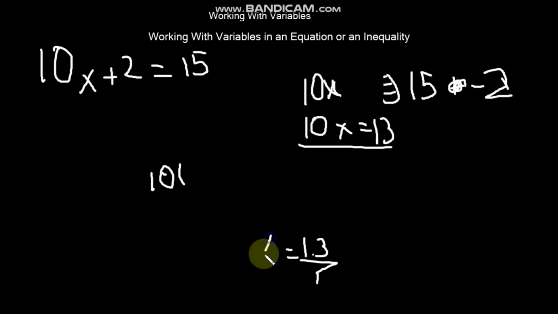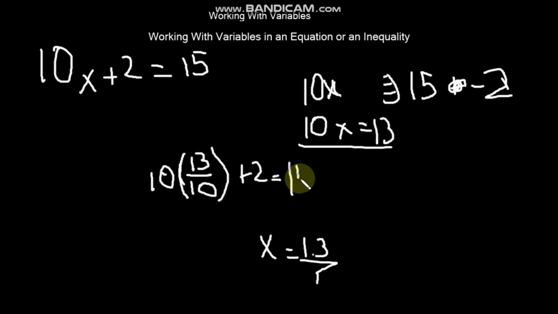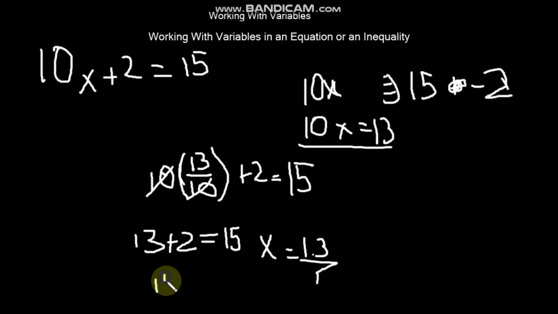So we said that x equals 1.3, but I prefer it in the fraction form. So 10 into 13 over 10 plus 2 equals 15. 10 cancels by 10, giving us 13 plus 2 equals 15. So 15 equals 15. So we can say that this equation is right.